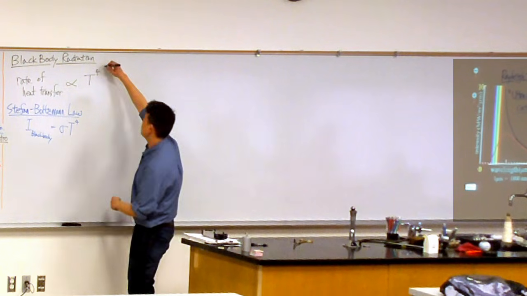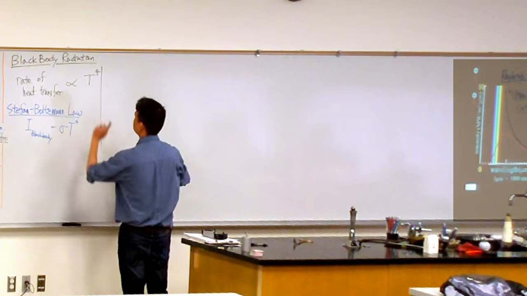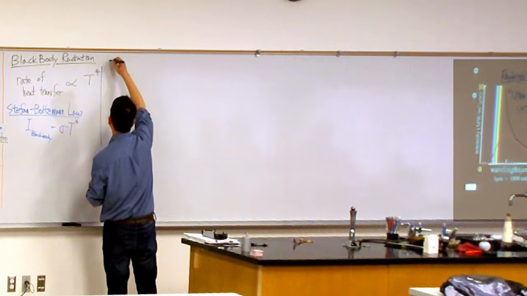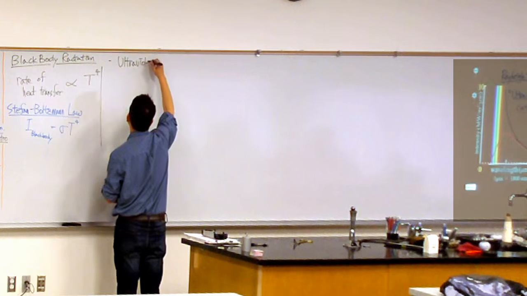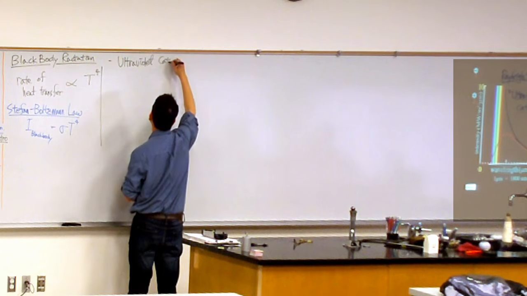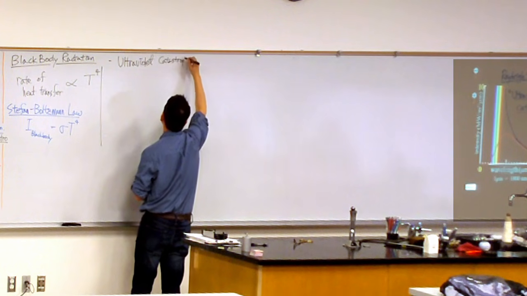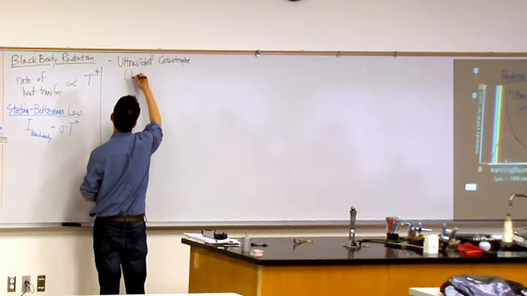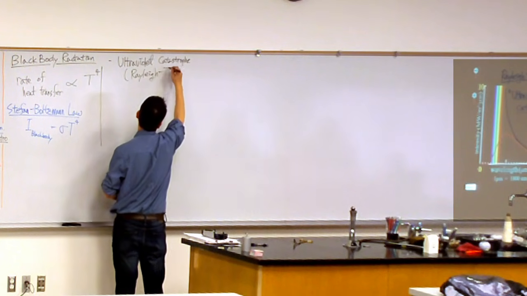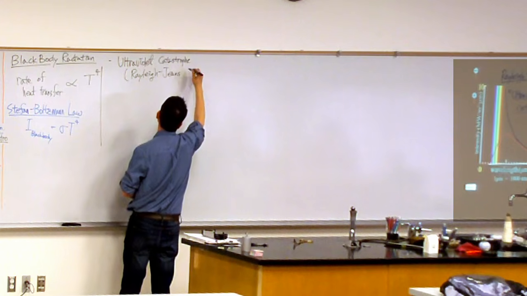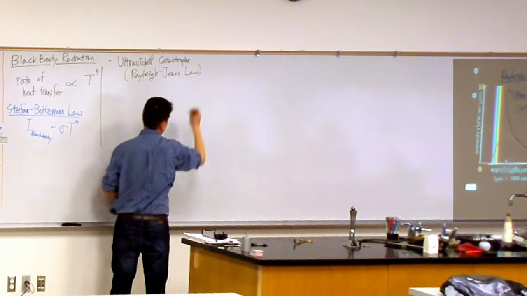So let me put it this way. Blackbody radiation, I'm just going to write down ultraviolet catastrophe, which results from the Rayleigh-Jeans law. I'm writing down all these terms because I'm going through fast and not doing thorough coverage.